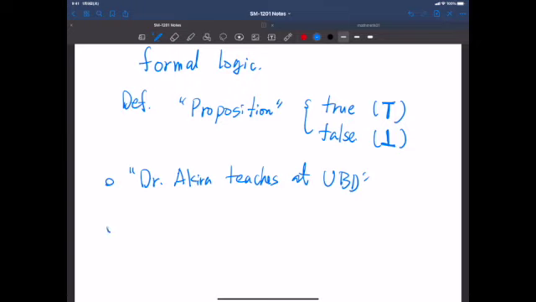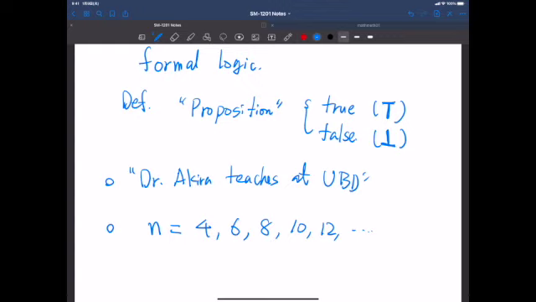Another example: any even natural number greater than or equal to 4 is equal to a sum of 2 primes. Let's say n is an even number greater than or equal to 4, that is 4, 6, 8, 10, 12, and so on.